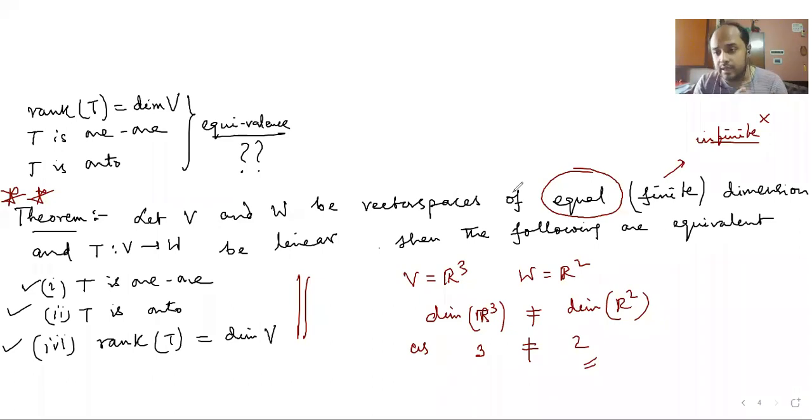That has infinite dimension, with basis 1, x, x squared, and so on up to x to the power n and beyond. So when they specify finite dimension, that means something. Otherwise, for the infinite case, probably it will not hold.